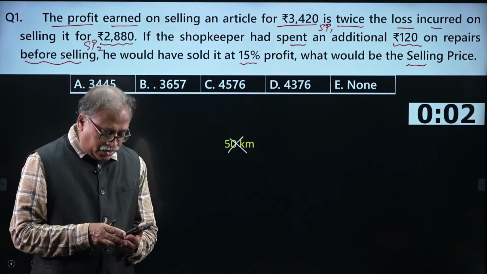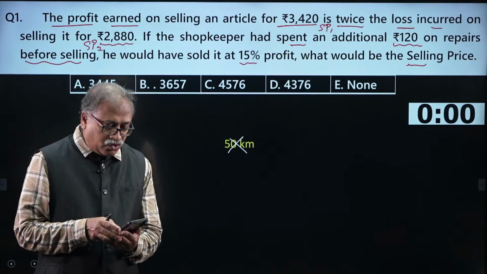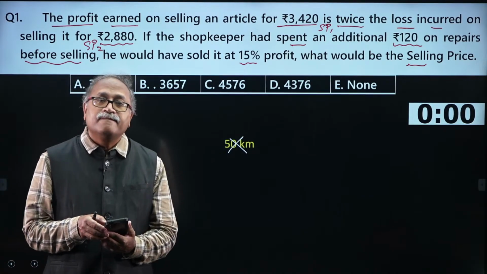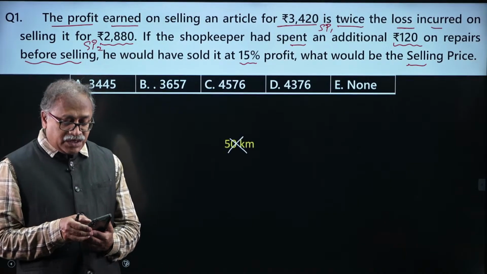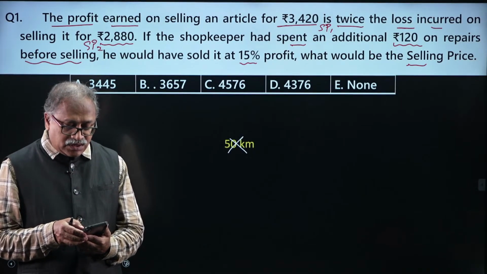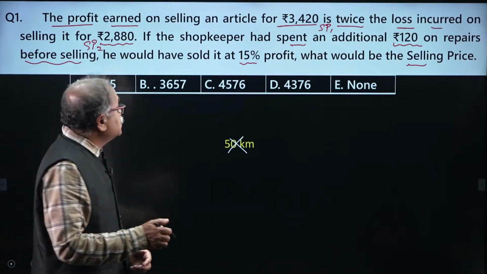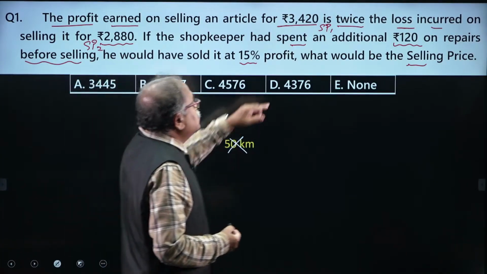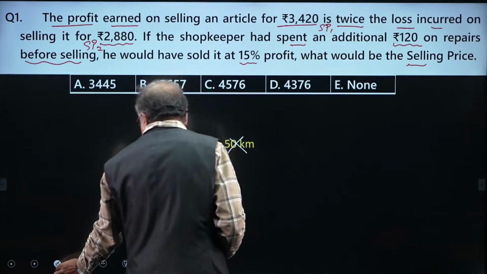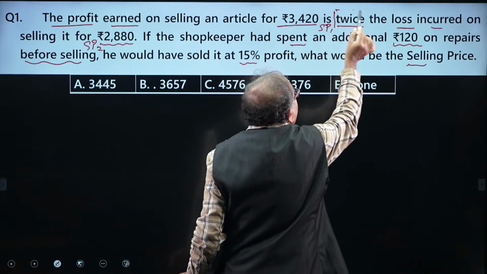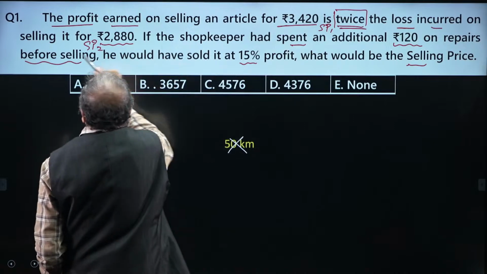Okay, so let me open this. Your 30 seconds is over, I think. So, what is the shortest way to answer this question? We know this is SP1 and the profit is twice the loss.